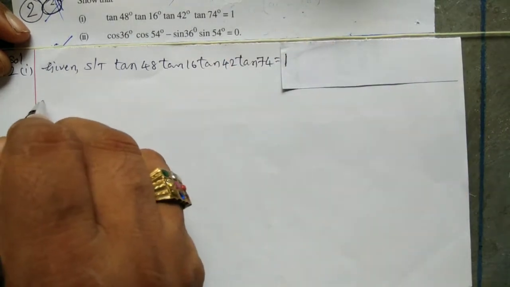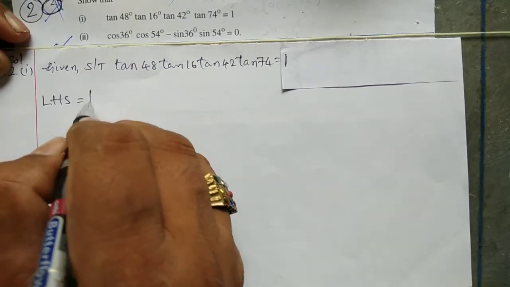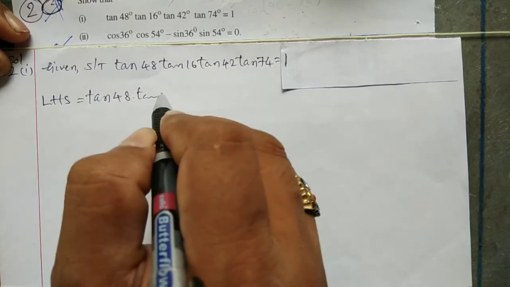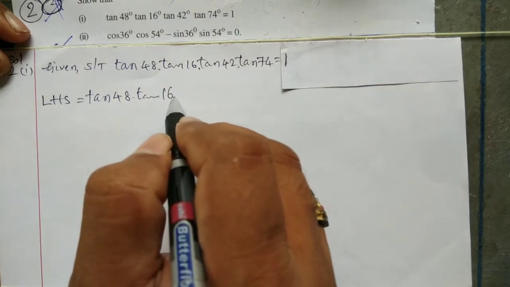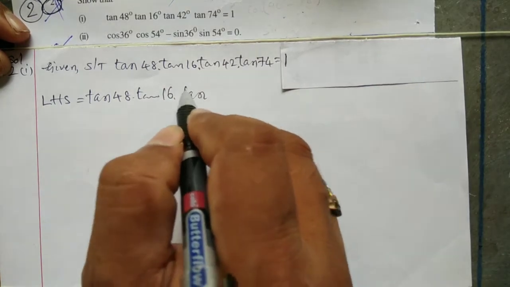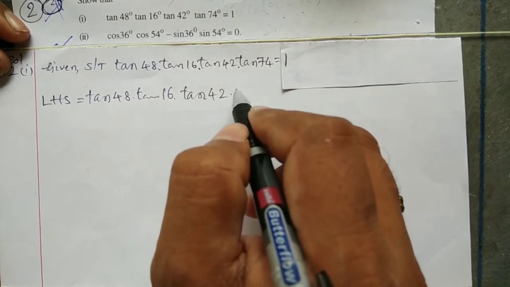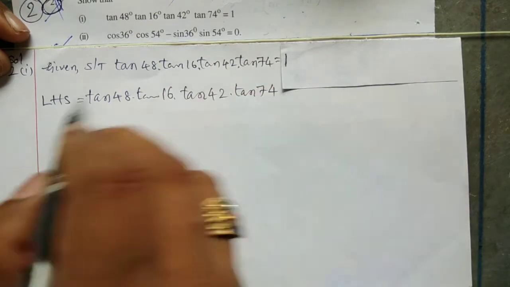Here LHS: tan 48, tan 16, tan 42, tan 74. This is LHS.